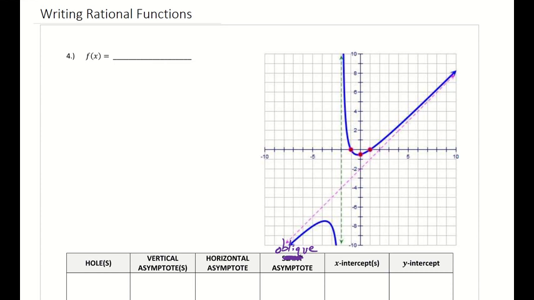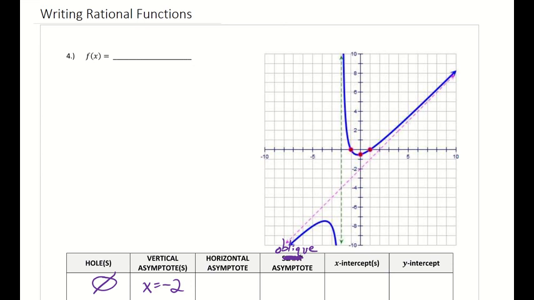So first we look to see if we have any holes in the graph, and this is our removable discontinuities. Since this does not have any, we just don't need to worry about that. All right. So our vertical asymptotes, these are our essential discontinuities. This is at x equals -2.